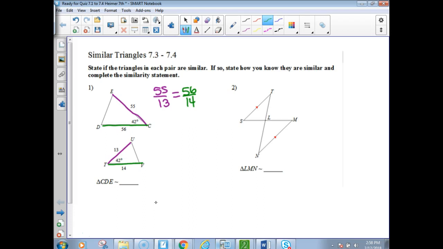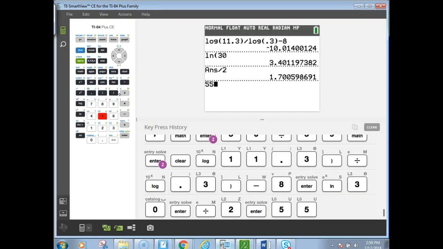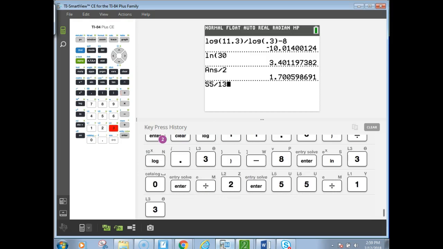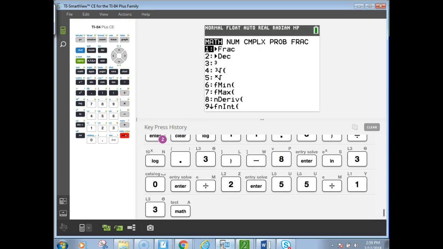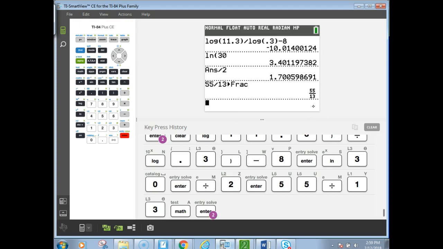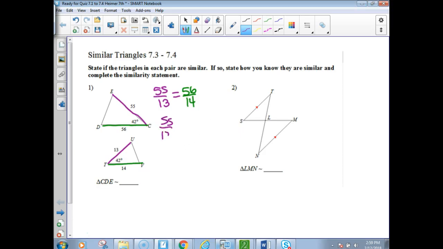Now I need to reduce these fractions, and I don't know, this doesn't seem like it's reducible at all. This one does. These aren't equal, are they? If you type this in your calculator, 5 divided by 13, and then you hit your math enter button to reduce, nothing happens. If you get the same thing back, it just means it doesn't reduce. Now, you're going to get something that reduces for this one. 56 and 14, you could cut in half.